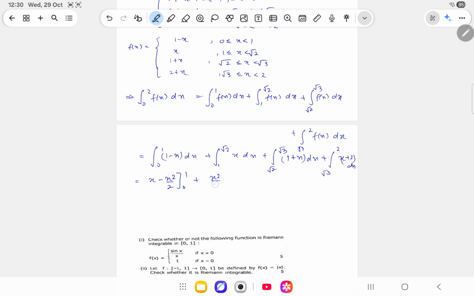x square by 2 from 1 to square root of 2, plus x square by 2 from square root of 2 to square root of 3, plus x square by 2 plus 2x from square root of 3 to 2.